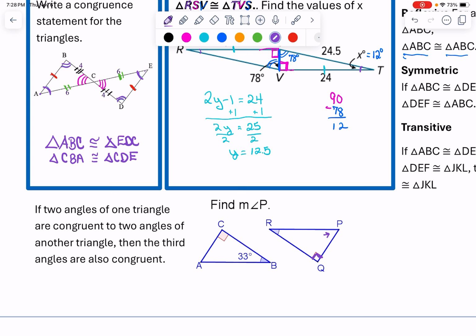If angle Q is congruent to angle C, and angle B has the arc to show that it is congruent to angle R, we can translate that 33 degrees to angle R, and because triangles' interior angles add to 180 degrees, and this is a right triangle, we've used 90, that leaves the other 2 acute angles to be complementary to each other. So 90 degrees minus 33 degrees gives us 57 degrees, which is the measure of angle P and the measure of angle A.